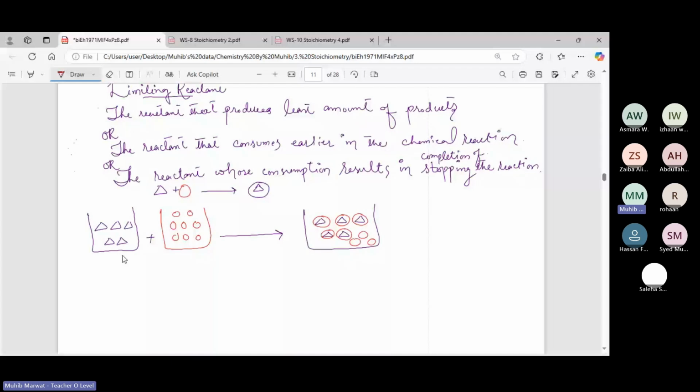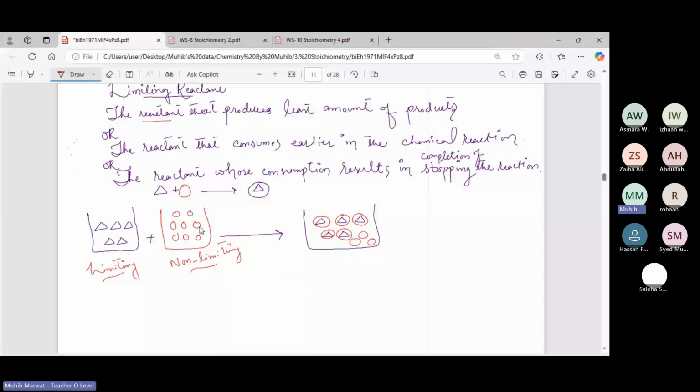So can we say that the triangle is the limiting reactant? The triangle is the limiting object, and the circle is non-limiting because it is still present after the reaction. The triangles produce the least amount of products.